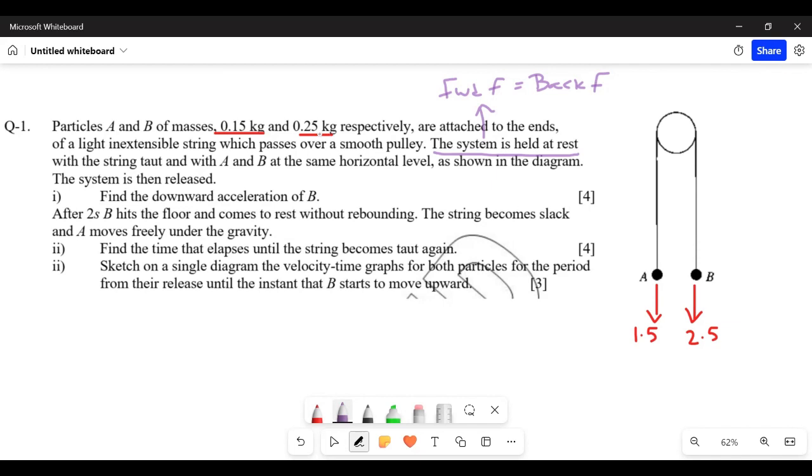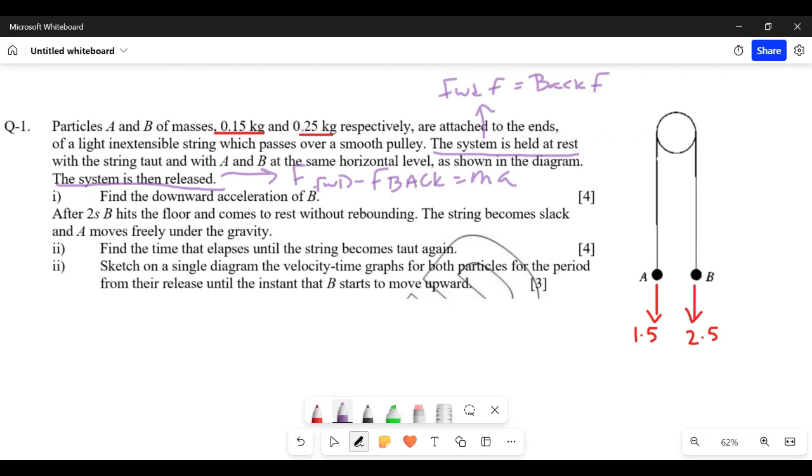Now it releases, which means there's some acceleration, and then you'll have to use F forward minus F backward is equal to ma when the system is released. Write down the acceleration of B.